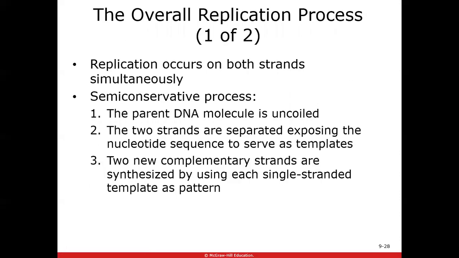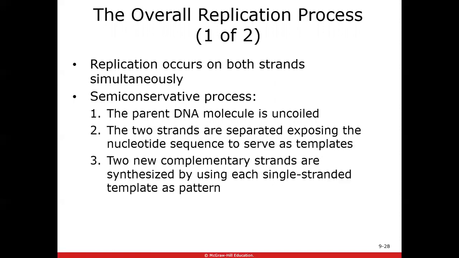Overall replication process. Replication occurs in both strands simultaneously. So when it separates the two strands, both sides will replicate. So it's called the semi-conservative process. The parent DNA molecule is uncoiled, so it unwinds and separates the two.